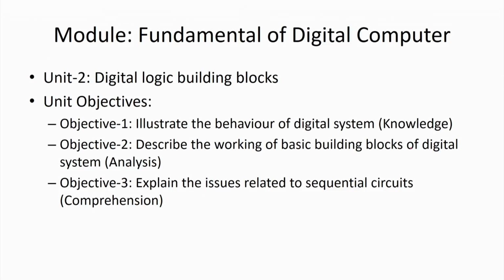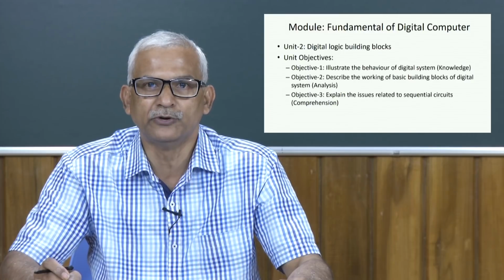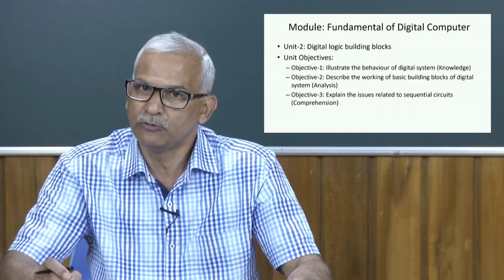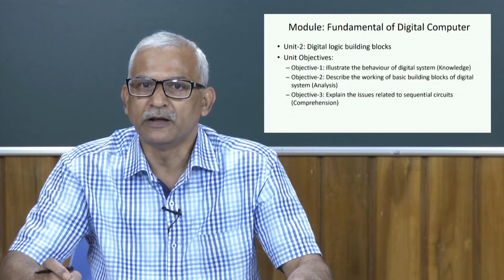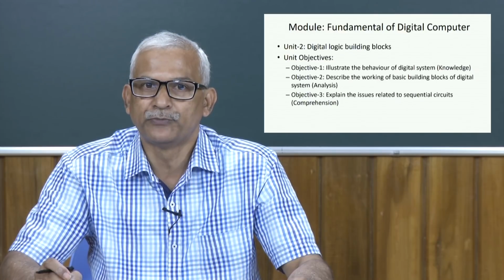In another course, say digital logic design, these objectives may go into either analysis level or design level. But here we are just going to touch upon it and give the information at knowledge level, and we will be using this knowledge while discussing the fundamentals of computer organization and architecture.